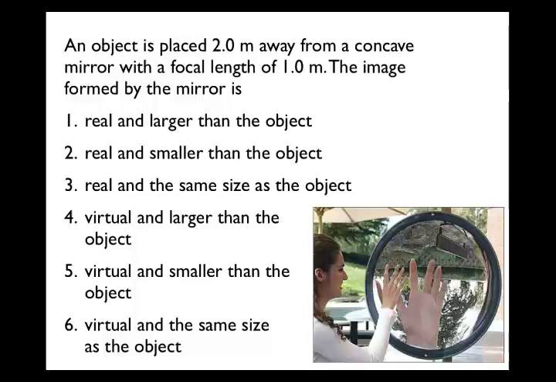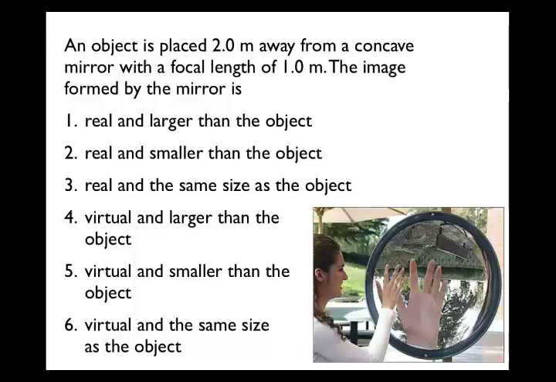There's another way you can do it, because if you've thought about and played around with concave mirrors enough, you realize that anytime you hold an object further from the mirror than the mirror's focal length, you form a real image. And anytime you hold an object closer to the mirror than the mirror's focal length, you form a virtual image.